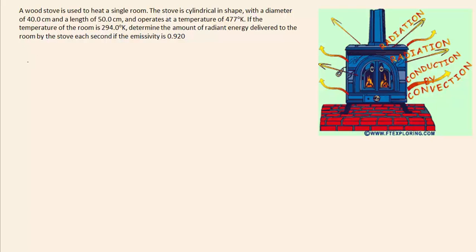So we're given that our stove is a cylindrical shape. We know that the area of a cylinder can be calculated by taking 2 pi r times our height plus 2 times pi multiplied by our radius squared.